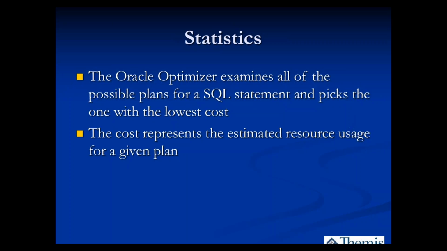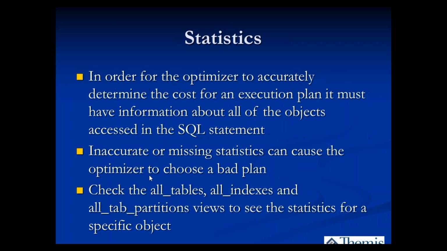And usually it is the lowest cost out of all the alternative plans that it considered along the way. That cost is a representation of estimated resource usage, whether it be CPU or I/O or memory or whatever it might be.